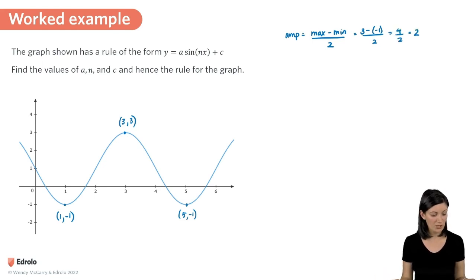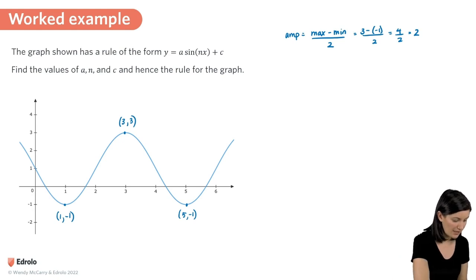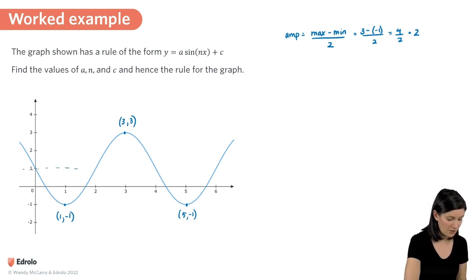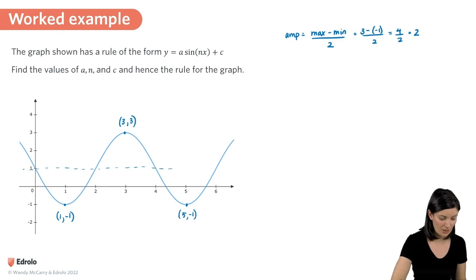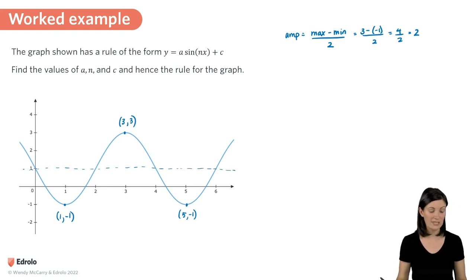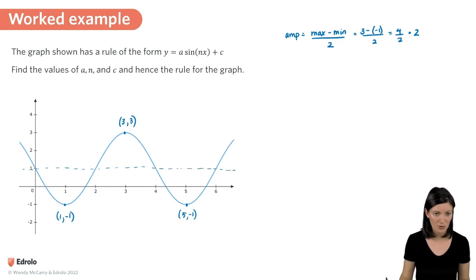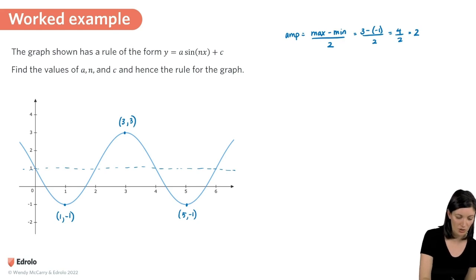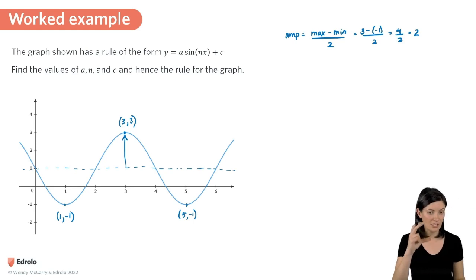So my amplitude is 2. And you can sort of see this. Obviously this graph has been translated by c units. You can probably tell what c is just by that line I drew in there, but I've drawn it in just so I can show you. That's our center line, and you can see the difference from the center line to the maximum is 2. My amplitude is 2.